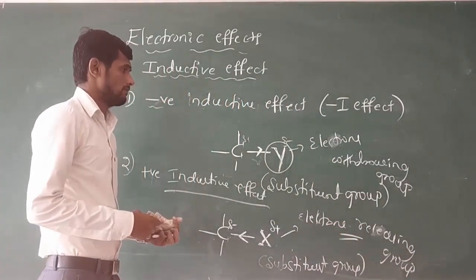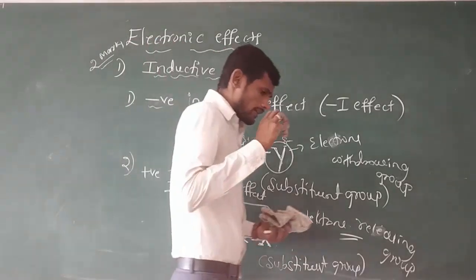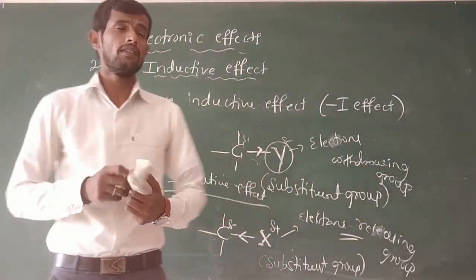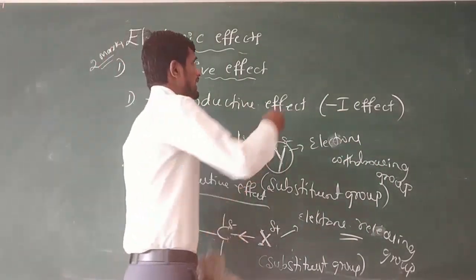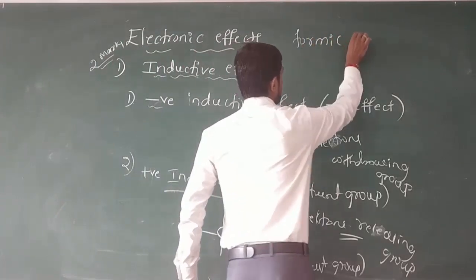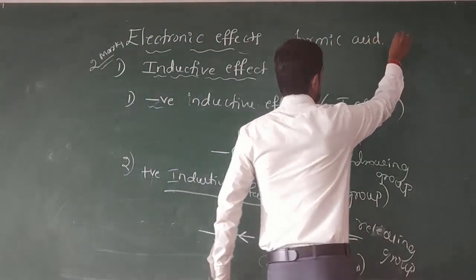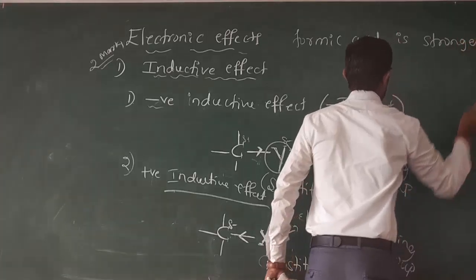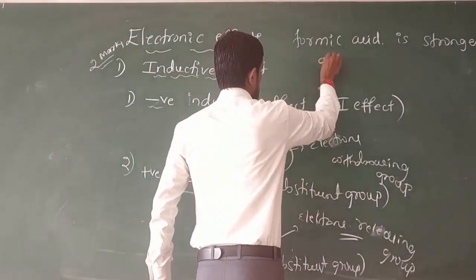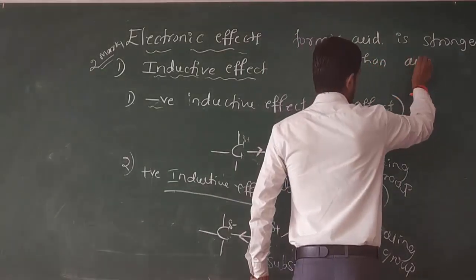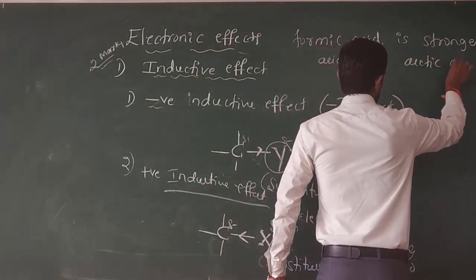Next, depending on this concept, one question may be asked. This is the question. See here, formic acid is a stronger acid than acetic acid.